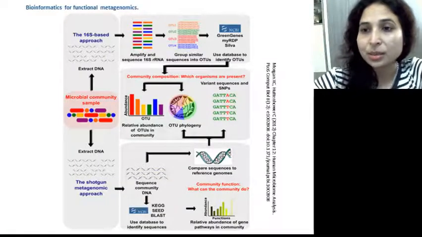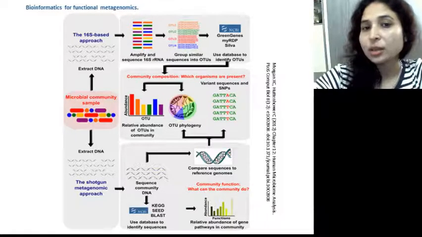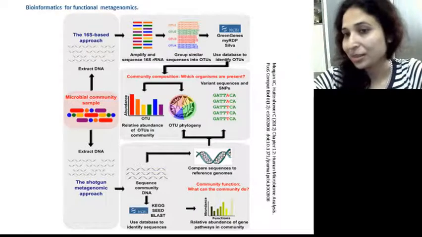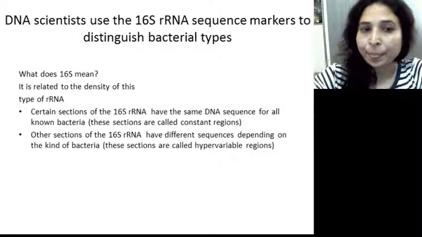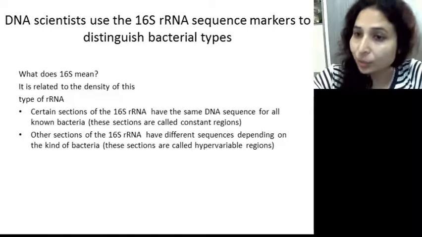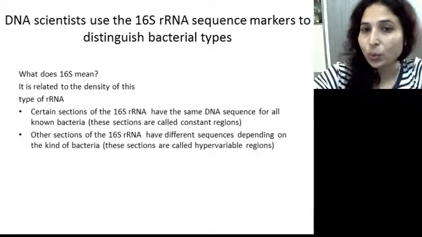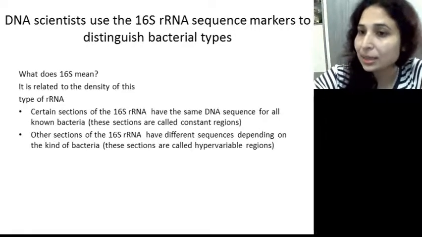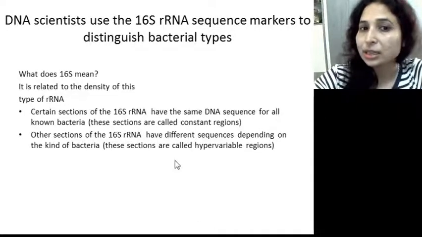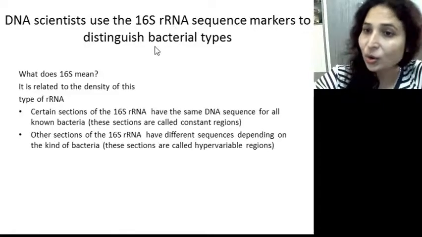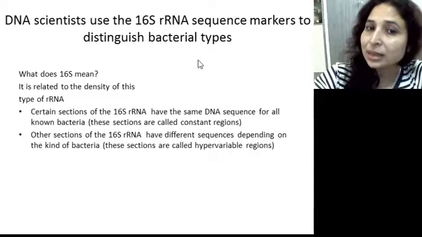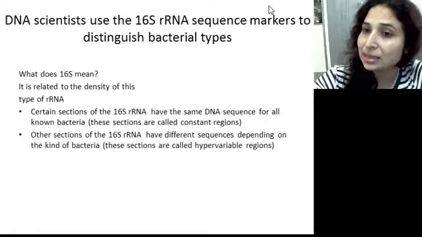There are some bioinformatics approaches for understanding these microbes and what microbes are present. The most conventional way of detecting bacterial species is 16S rRNA sequencing. 16S rRNA is a component of the ribosome of the bacteria, and this sequencing is done for the identification of bacterial samples.